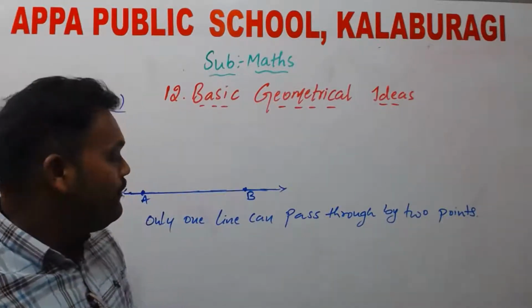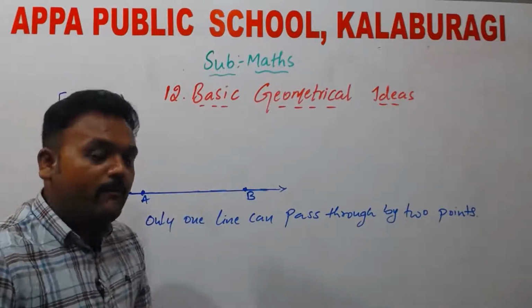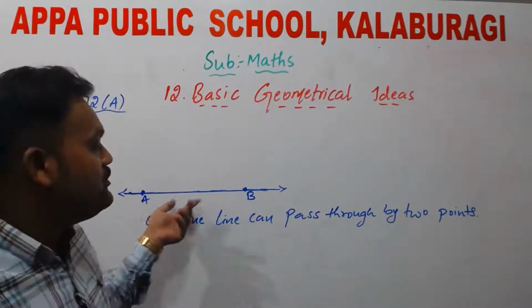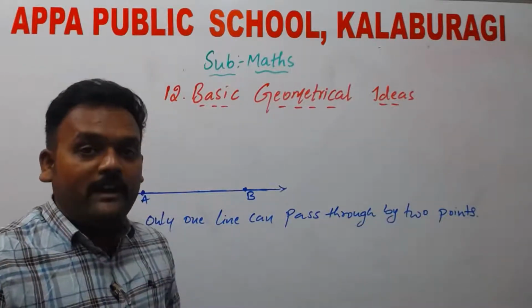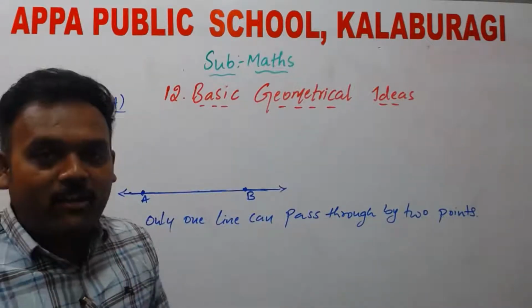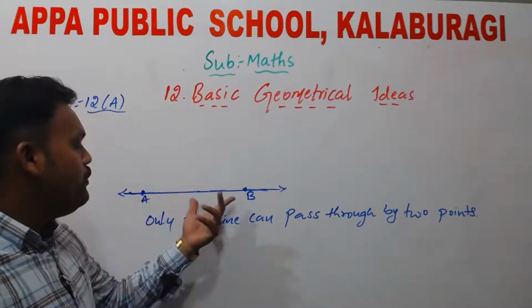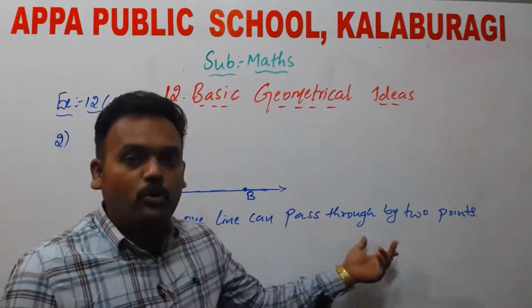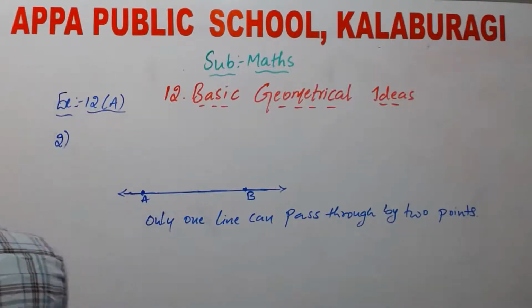If you have 2 points on a piece of paper, only one line can pass through. What is the second answer? By 2 points, only one line can pass through. Understood, students?